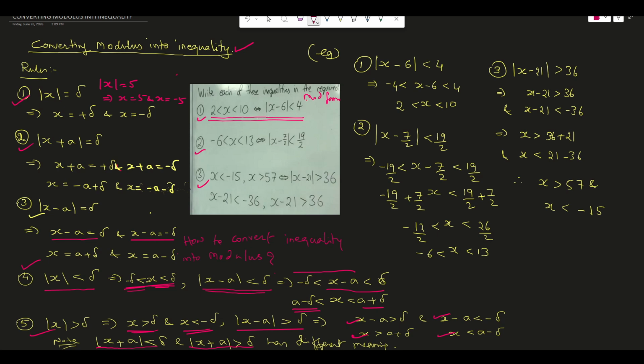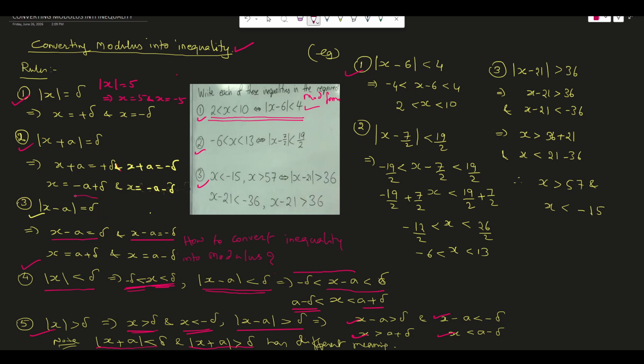But I'm trying to teach you how to convert this modulus expression into one which is an inequality expression. So let us start from this. First one I have written here, modulus of x minus 6 less than 4. So suppose we are given that modulus of x minus 6 is less than 4.